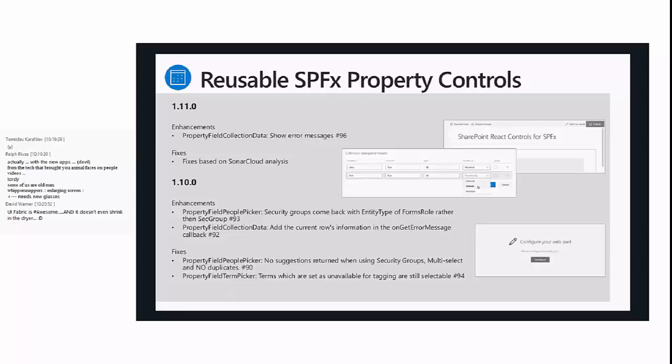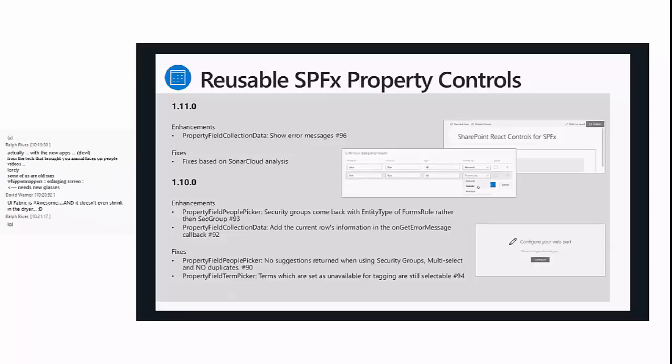And again, styled with Office UI Fabric, so you're going to maintain that out-of-the-box look and styling with these custom controls, saving yourself a whole ton of work having to build these editing experiences in your web parts and controls. Excuse me.